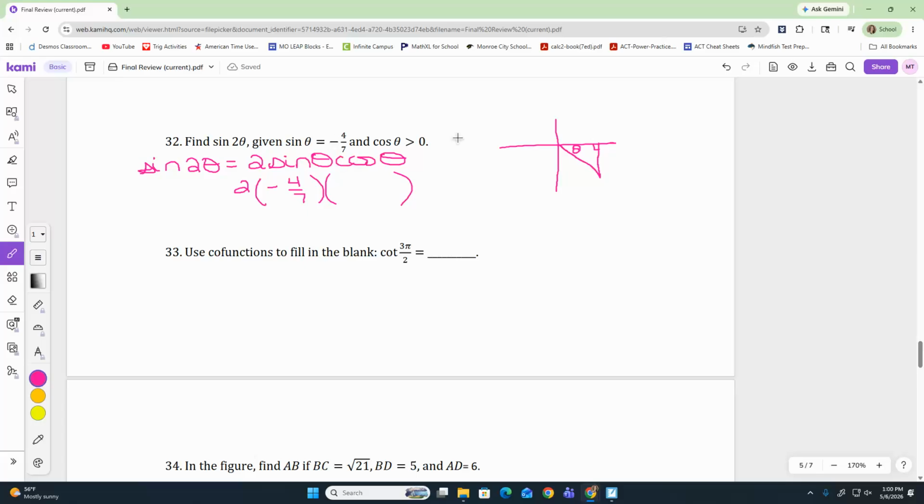Sine is opposite over hypotenuse, so this would be negative 4 and 7. So that's the Pythagorean theorem. We have a squared plus negative 4 squared equals 7 squared.